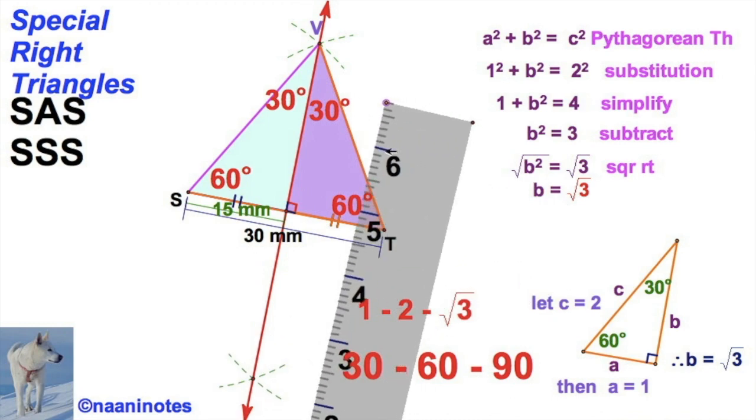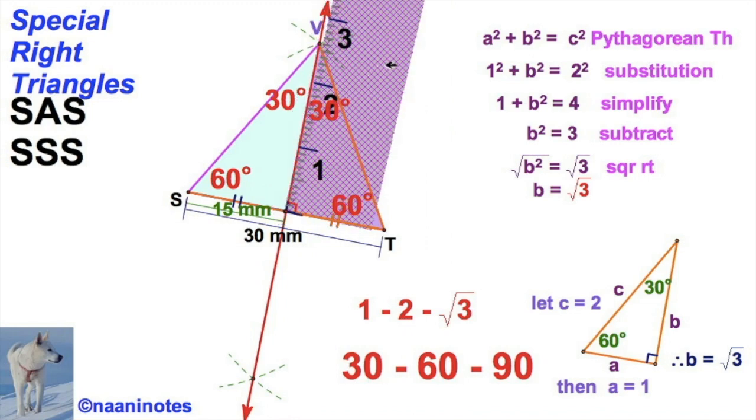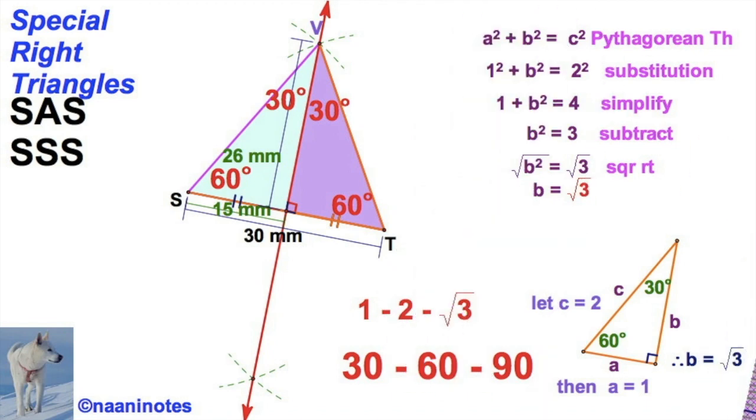So take your ruler like this, and what do we get over there? It's looking like about 26 millimeters. We'll come back to that after we flip over to the other side and go through a few drills.